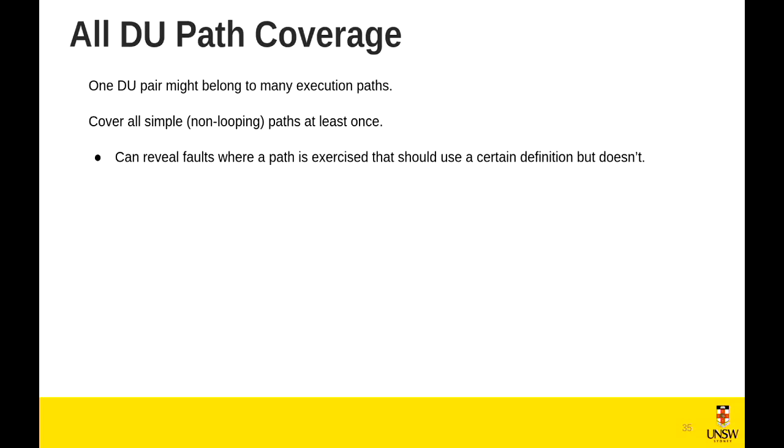Because data flow and control flow graph are two different points of view, we can reach from one definition point to one use point through different paths. So what we need to do here is cover all the simple paths at least once for every DU pair. This can help us to reveal this specific type of scenario. And the coverage is defined as this.